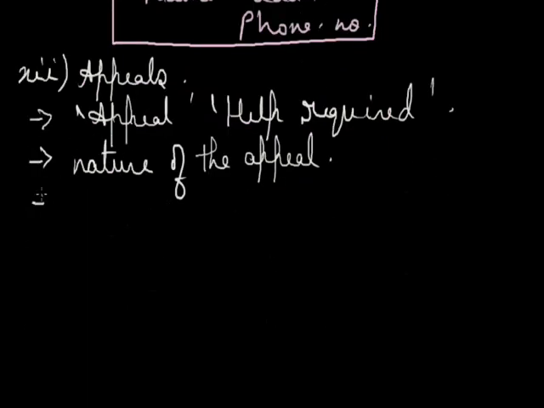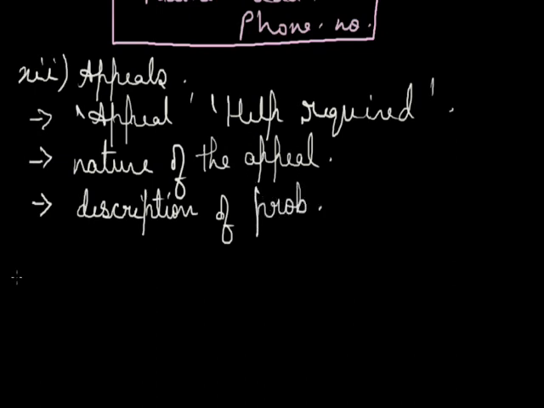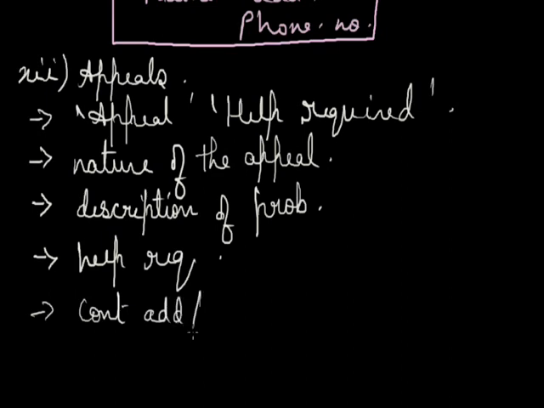Next, you need to tell the description of the problem. Next point, specify the help required. And then the last, you need to tell your contact address and your phone number, and you can also provide either of it.